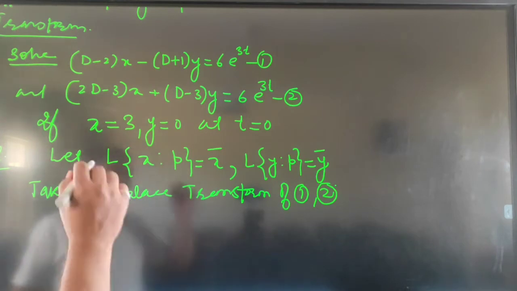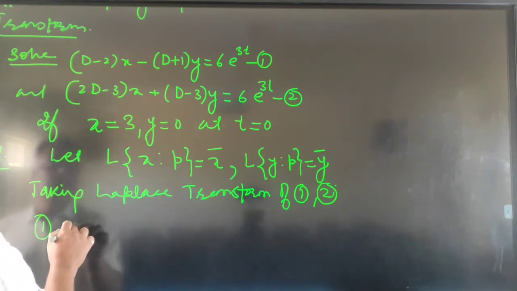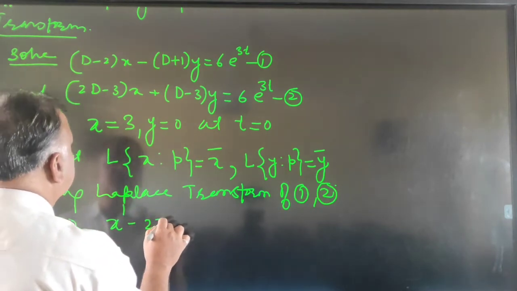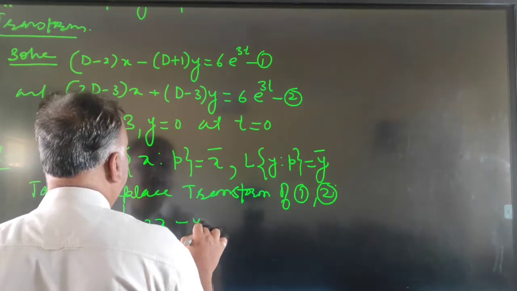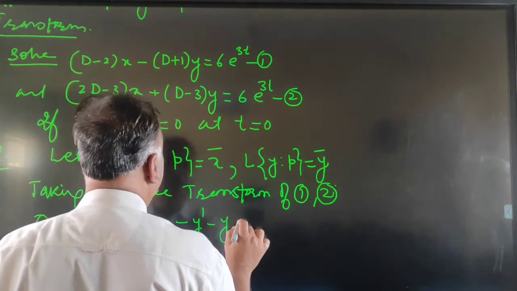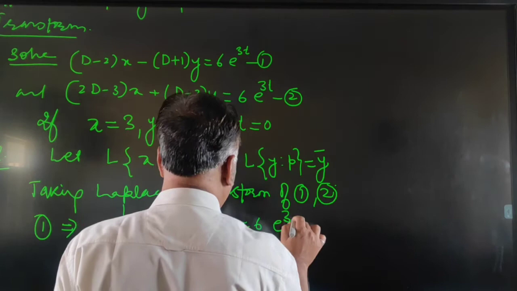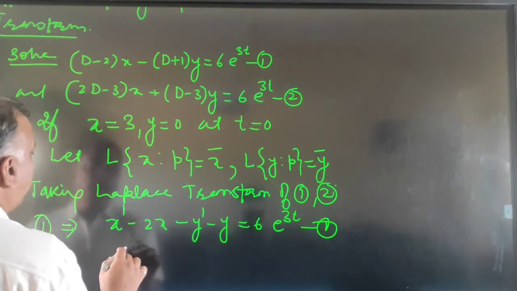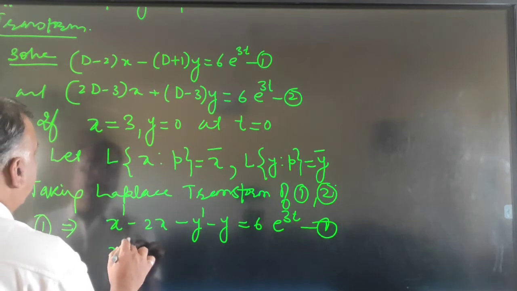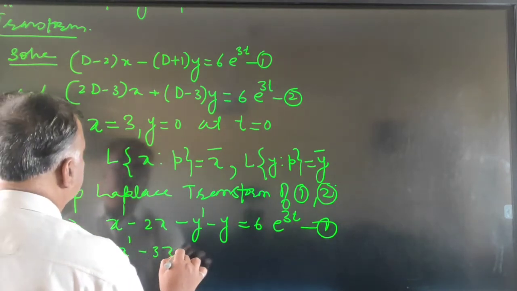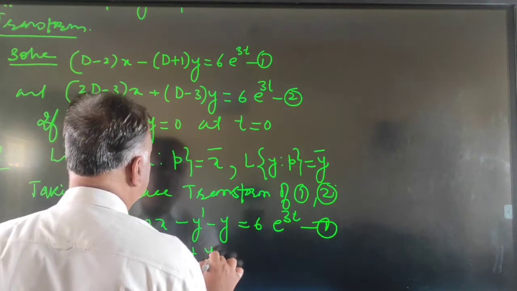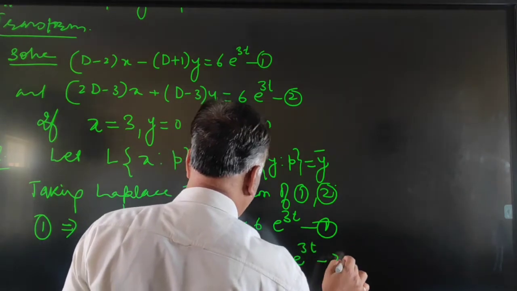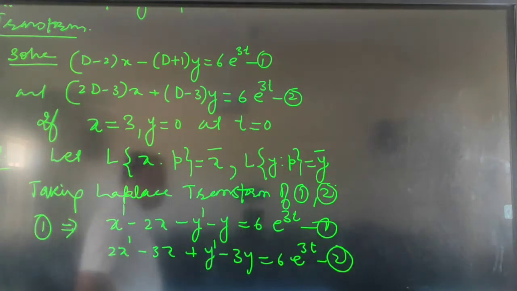First we write the first equation as x' - 2x - y' - y = 6e^(3t). This is 1. And the second is 2x' - 3x + y' - 3y = 6e^(3t).